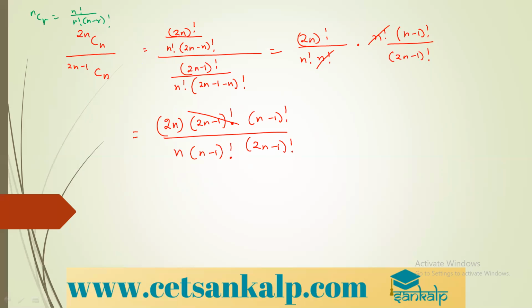I did that because (2n minus 1) factorial cancels, (n minus 1) factorial cancels, n cancels, and the ratio I get is 2:1. Because in the question, they are asking me the ratio.